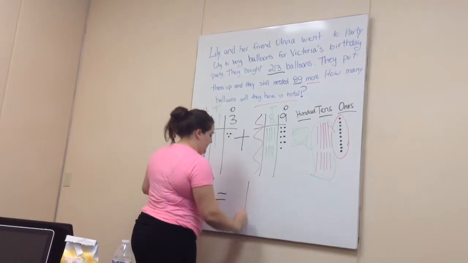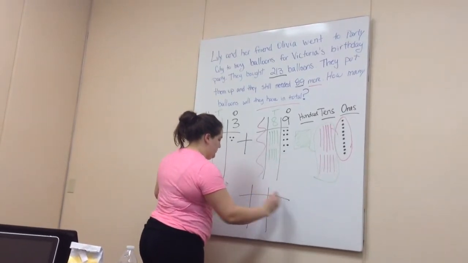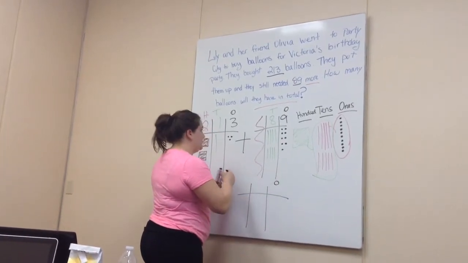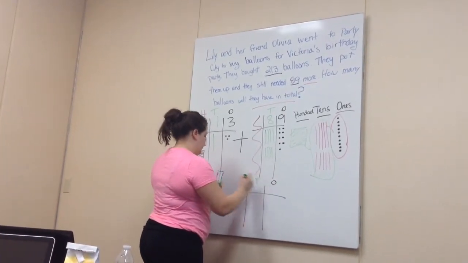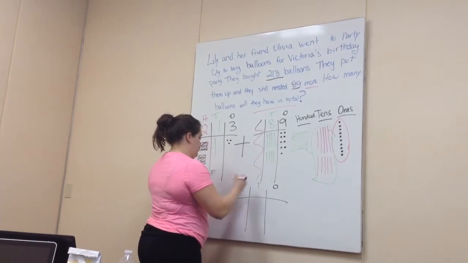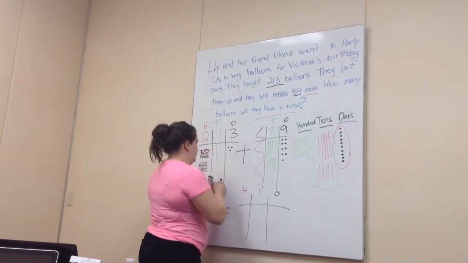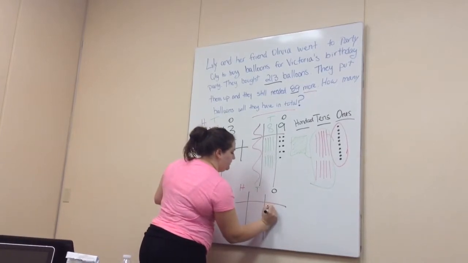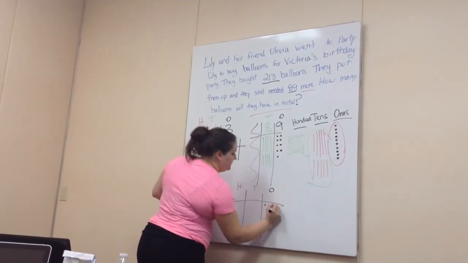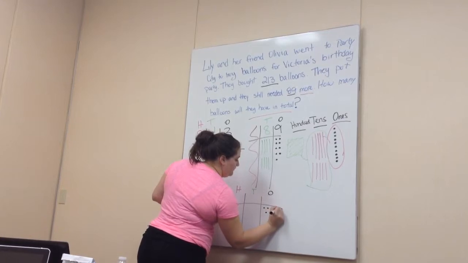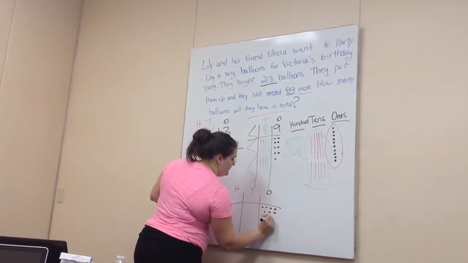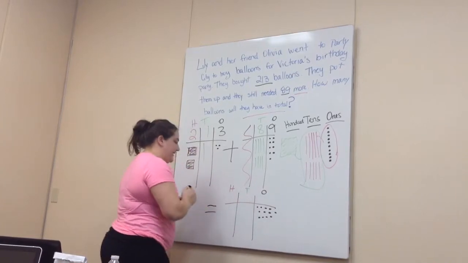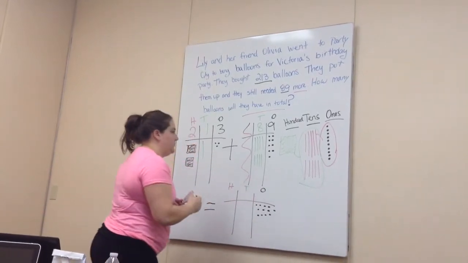This is going to be the total. So we're going to have ones, tens, and hundreds. What we have in the ones, we have 3. So we're going to draw 3, and we're going to draw 9. Now, because we have more than 10 in the ones, we have to regroup.